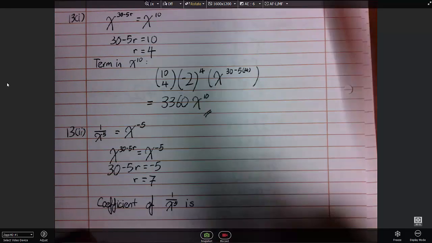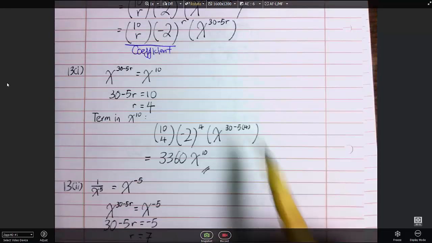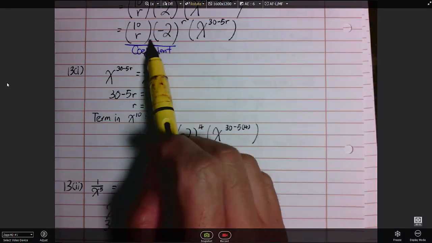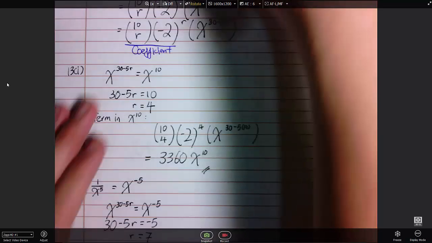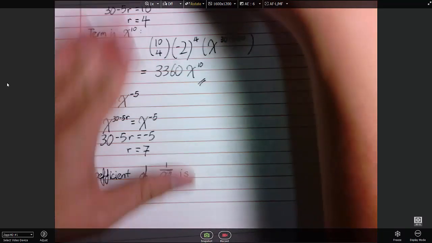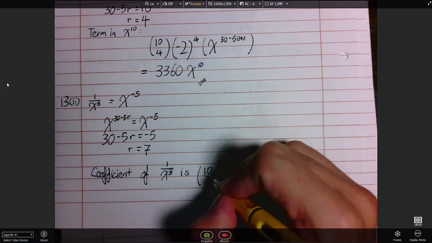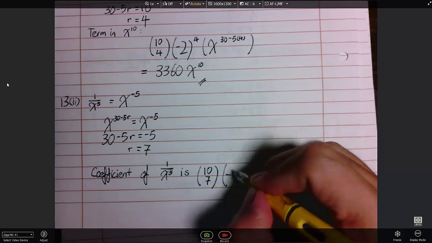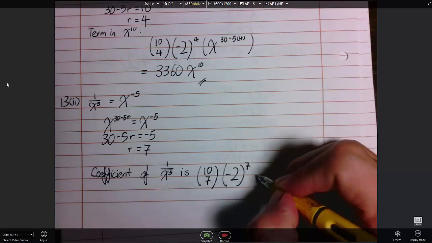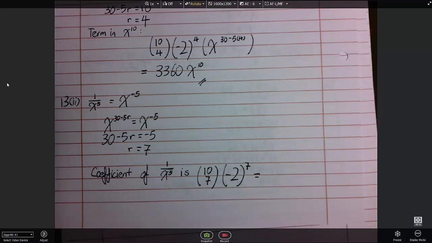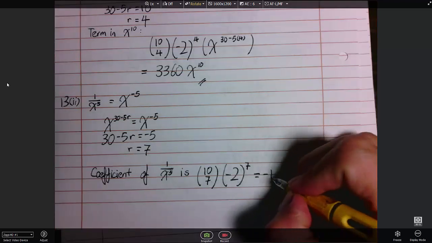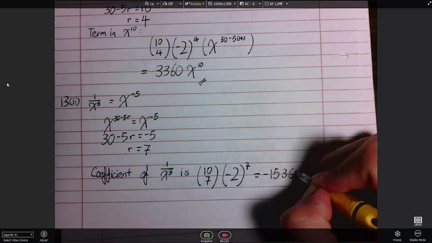That's the whole idea behind this. Then they want the coefficient. As we discussed earlier, the coefficient will be 10 choose r, negative 2 to the power of r. So in this case, we have 10 choose 7, negative 2 to the power of 7. You key all of it into the calculator and you get negative 15,360.